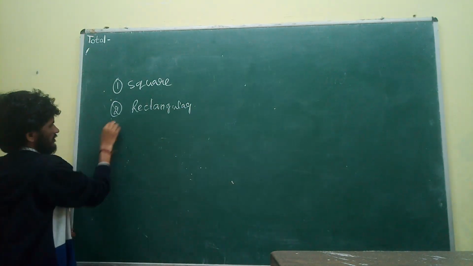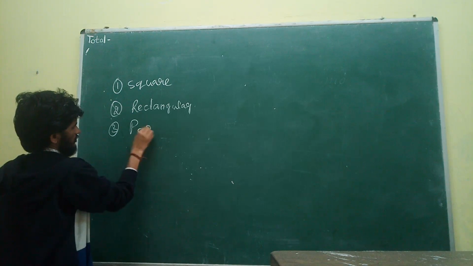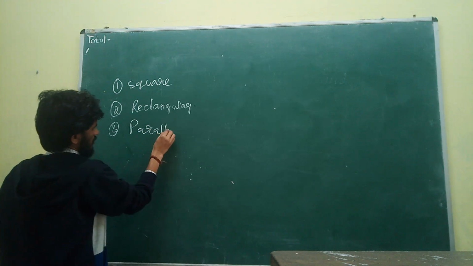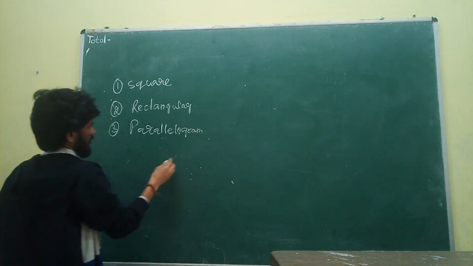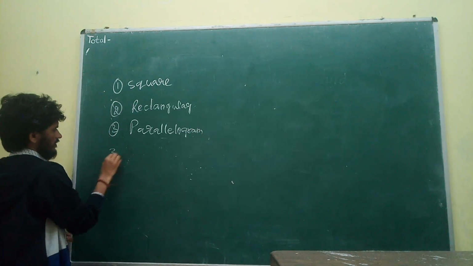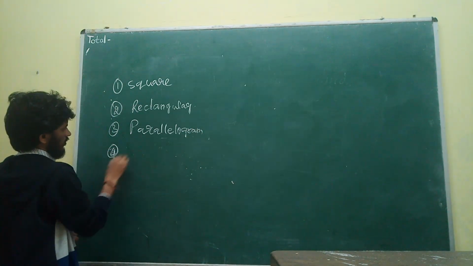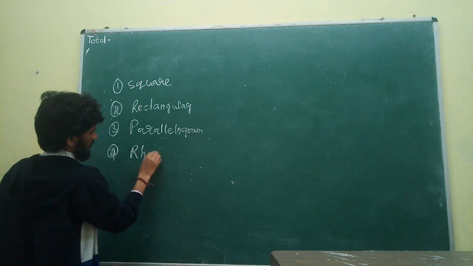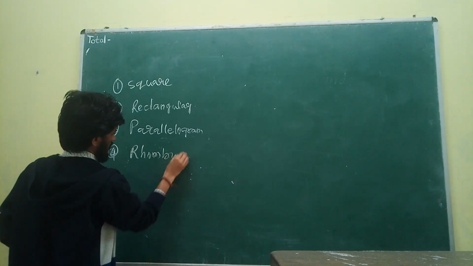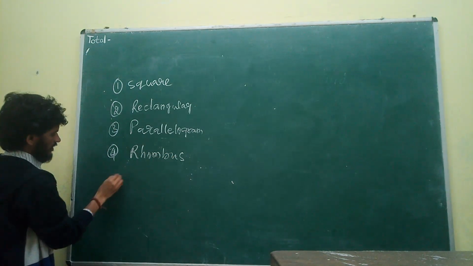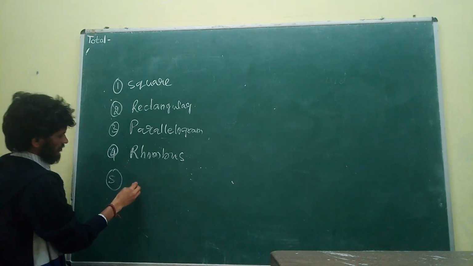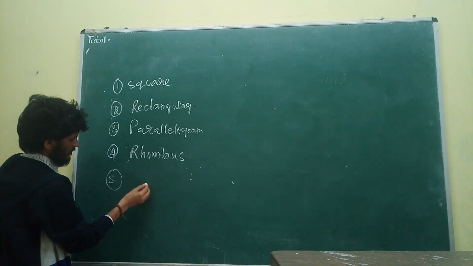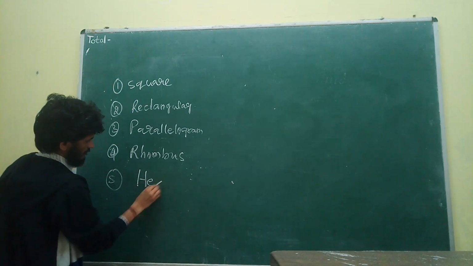Third one is parallelogram. Fourth one is rhombus. And the fifth one is hexagon.